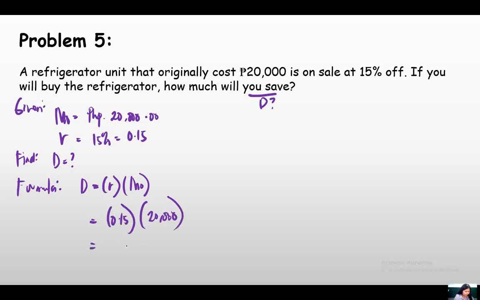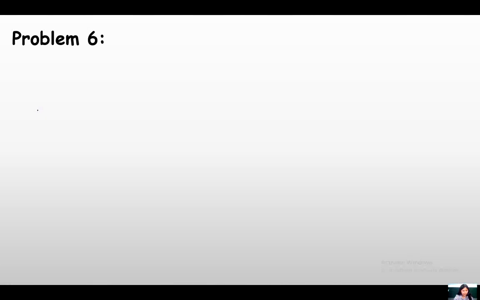The product is 3,000 pesos. So ito yung masisave niya na amount of money if he is going to buy the refrigerator at 20,000 pesos, sale of 50%. Okay. Now, that's the problem number 6.